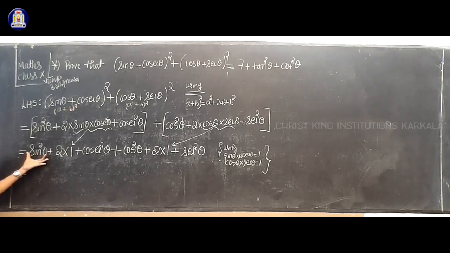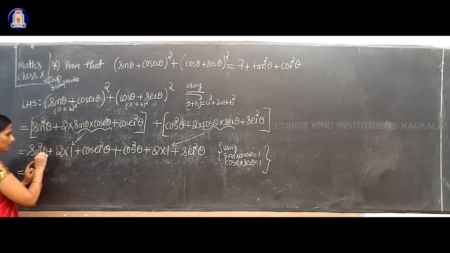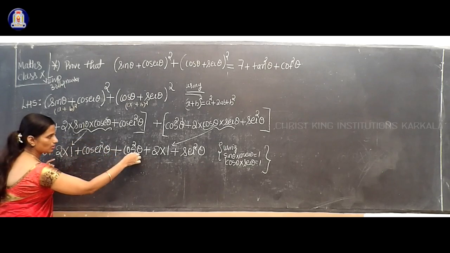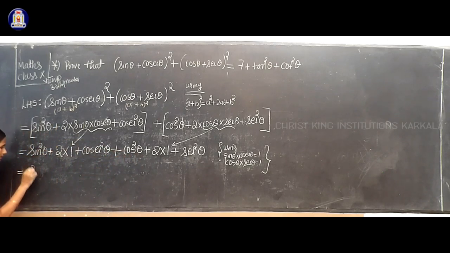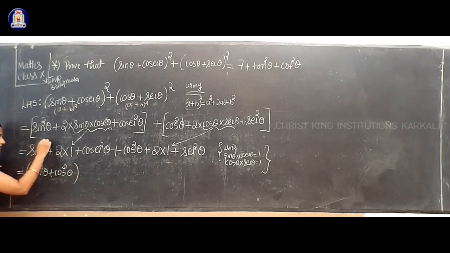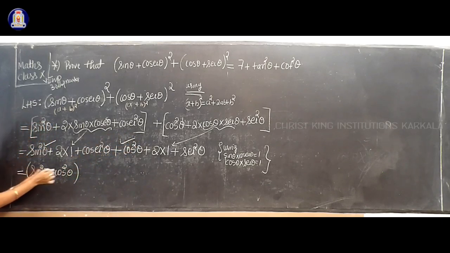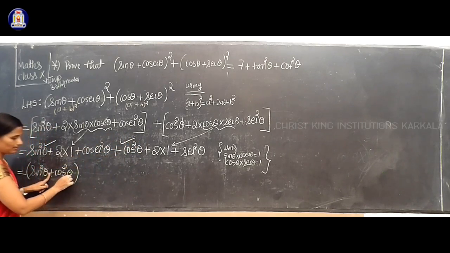See the trigonometric ratios. This is sin square theta, 2 into 1 is 2. This is cosecant square theta. Is it possible to combine this? No. Next here it is cos square theta. So I combine sin square theta plus cos square theta together.